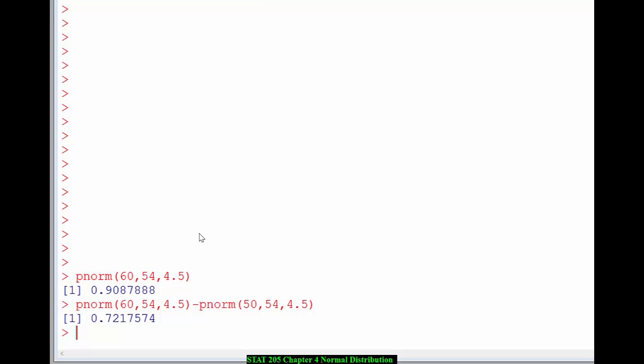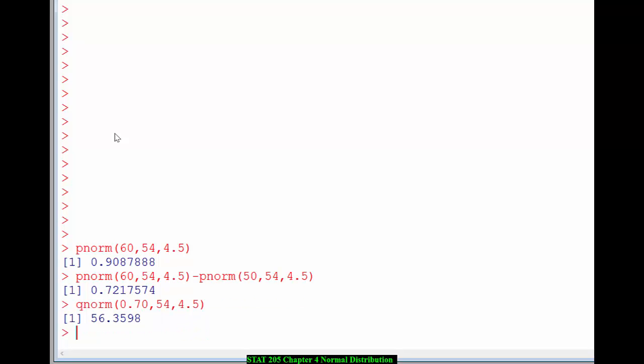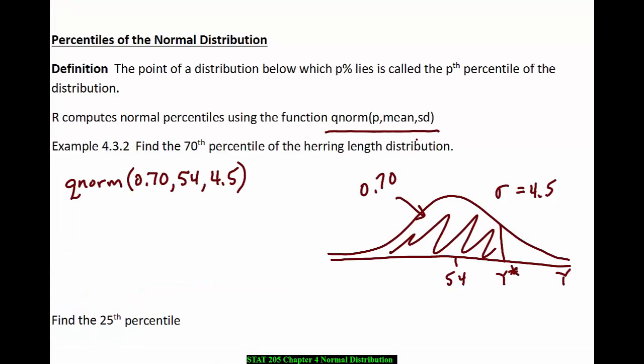And typing in our qnorm of 0.7, 54 is the mean, and 4.5 is the standard deviation, I'm getting 56.36 millimeters. So the value in the distribution that has 70% below it, or the 70th percentile, is 56.36.